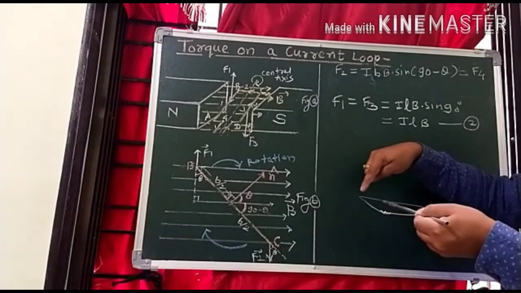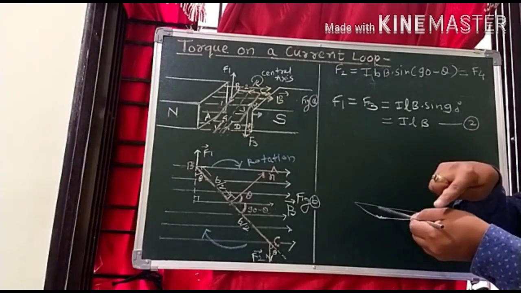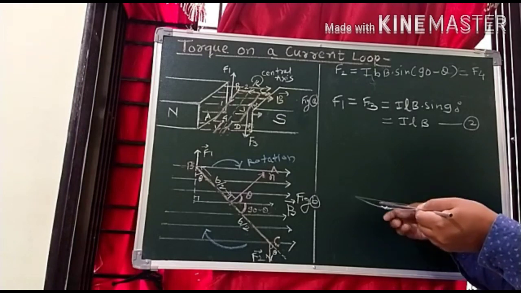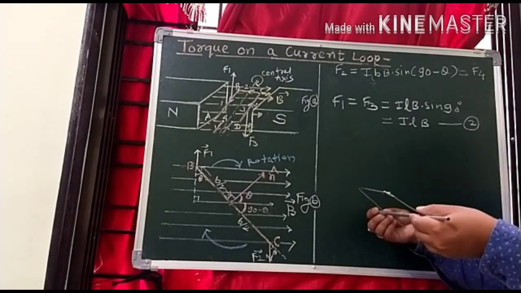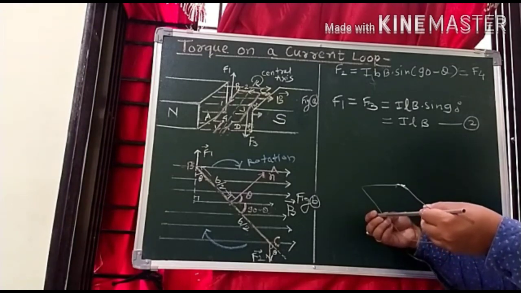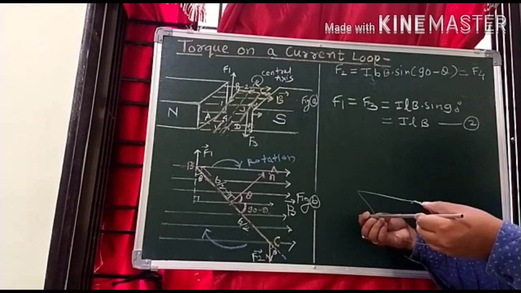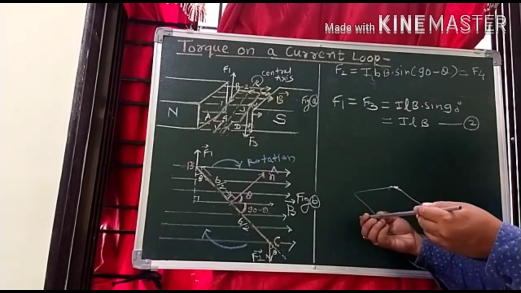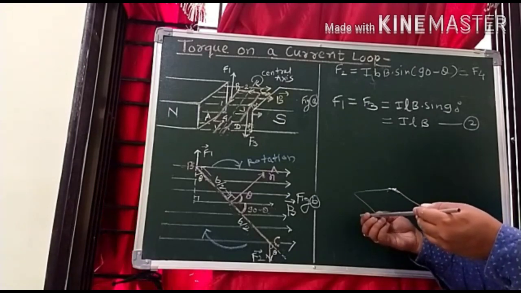Imagine this is the rectangular coil ABCD. This is the central axis. Coil is rotated through a small angle, so that the area vector has made the angle theta with the direction of magnetic field.